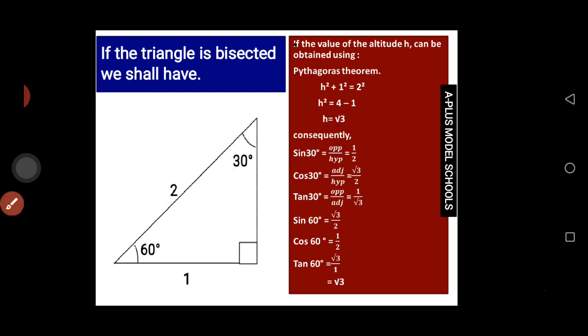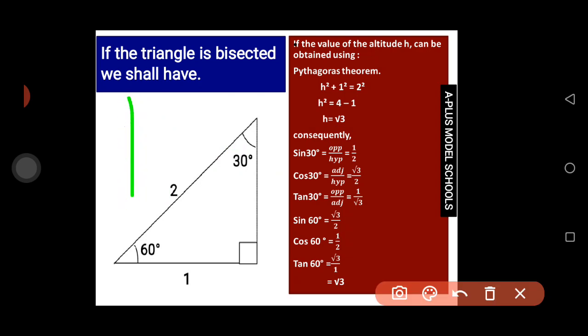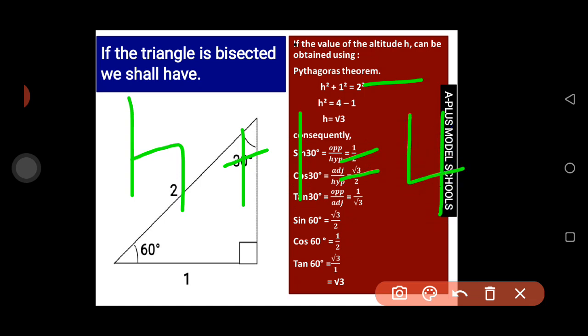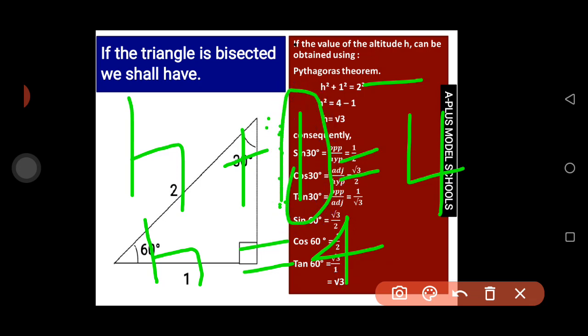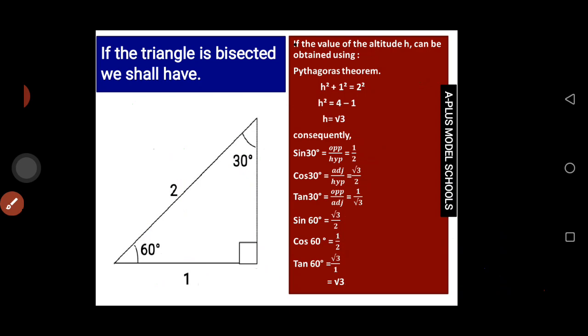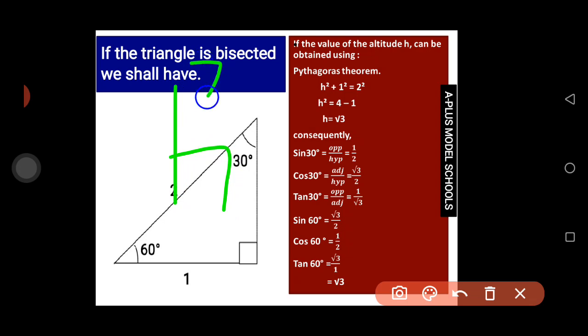Let me use a simpler method that you can understand. h square plus 1 square equals 2 square, which will give me 4. Then collect the like terms: h square is equals to 4, bring this plus 1 to the other side, that will give you minus 1. So h square is equals to 3.